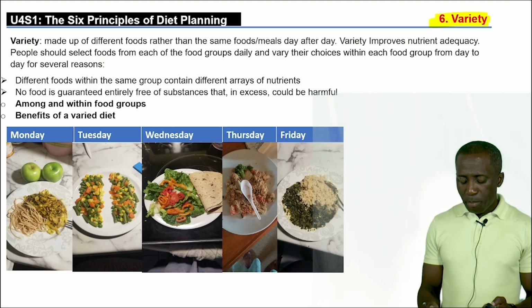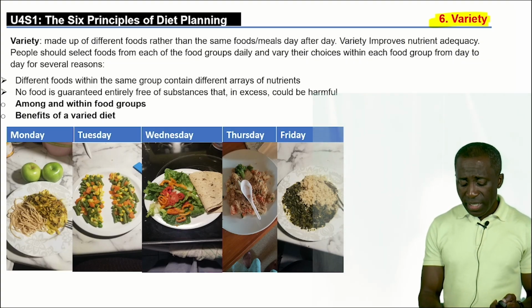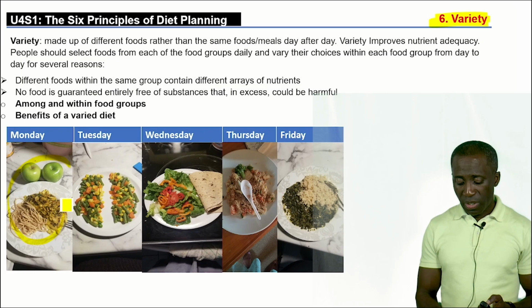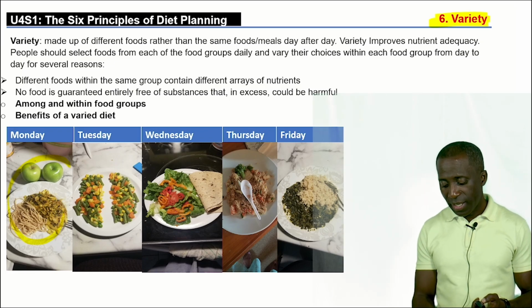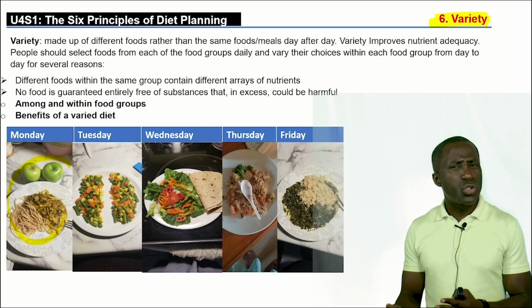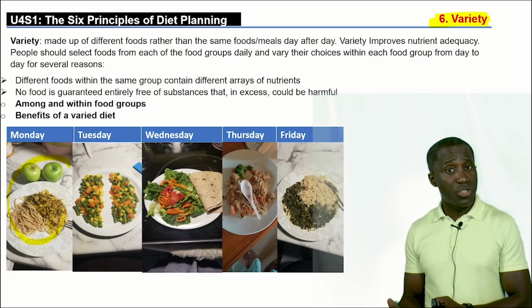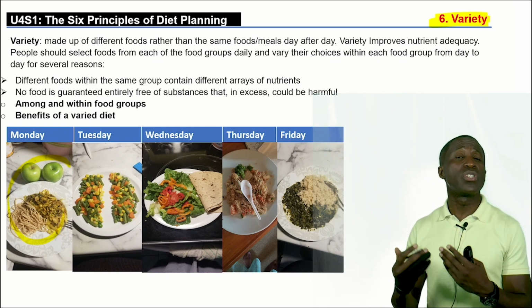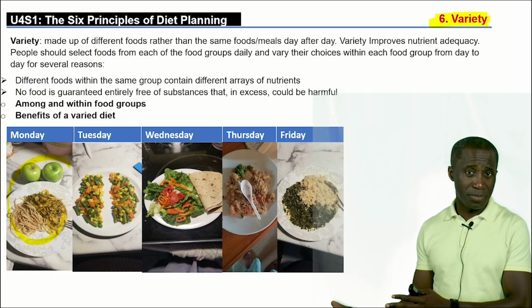So if you look at the picture here, we see what this person ate, for example, on Monday, a little bit different on Tuesday, on Wednesday, Thursday, and so on Friday. So it's difficult to attack that dietary plan because every day the person is eating something different.